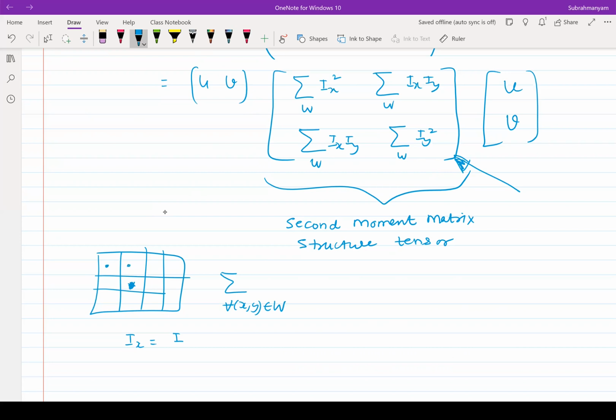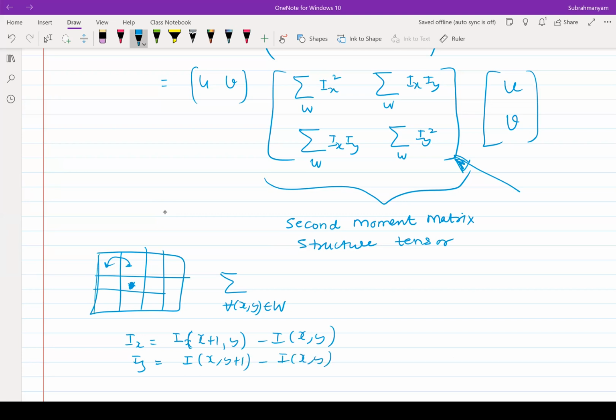If you want Ix, you subtract. You know this, right? Ix is I of x plus 1 comma y minus I of x comma y. This is the same as the gradient. This is why we first discussed gradients earlier. If you want Iy, it is I of x comma y plus 1 minus I of x comma y.